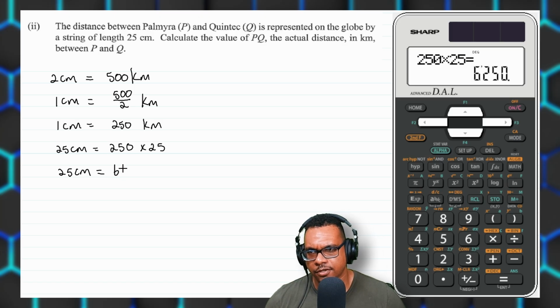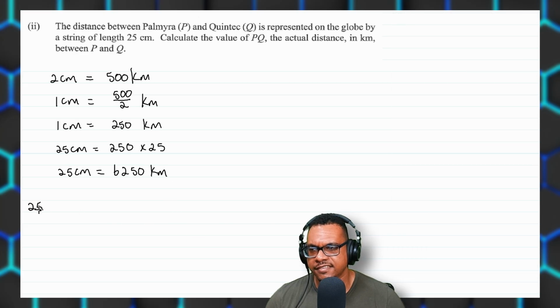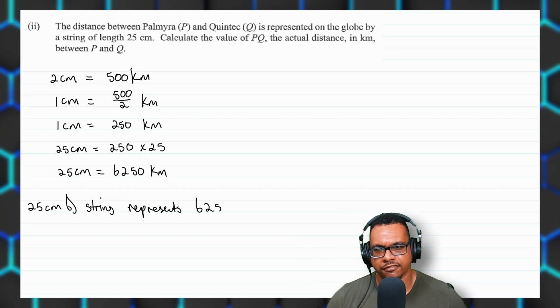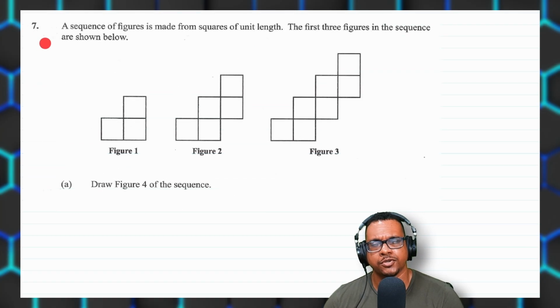And that will be 6,250 kilometers. So 25 centimeters of string represents 6,250 kilometers.